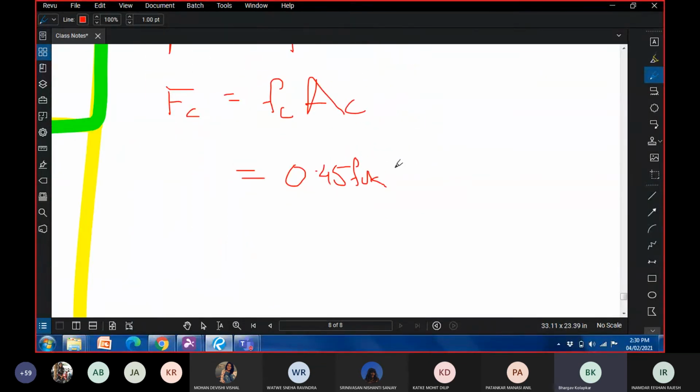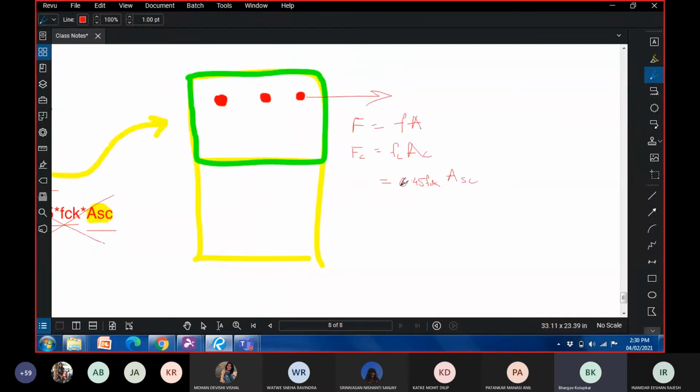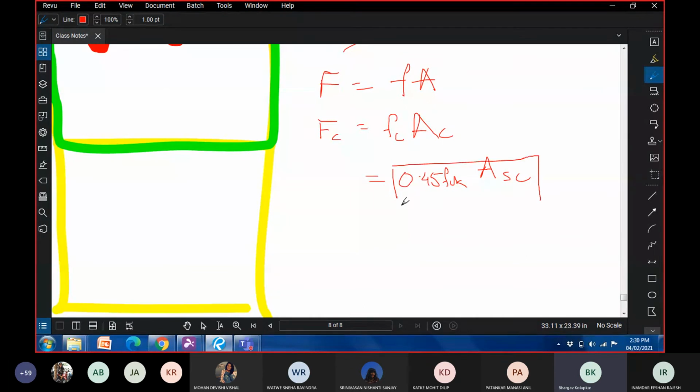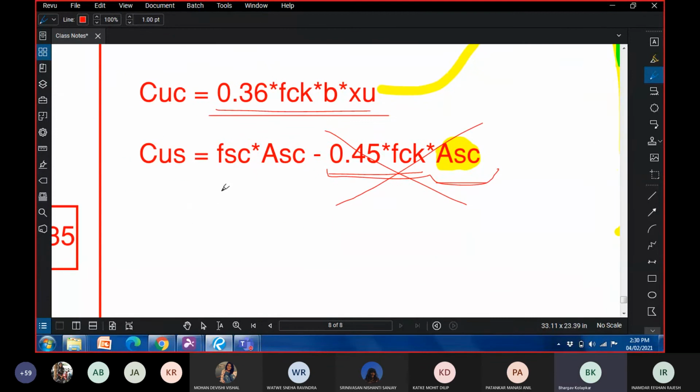What is the area of concrete? It is equal to the area of steel in compression, which is this red area. So we'll have to subtract this from here, and therefore we have an additional term of 0.45 FCK into ASC here.